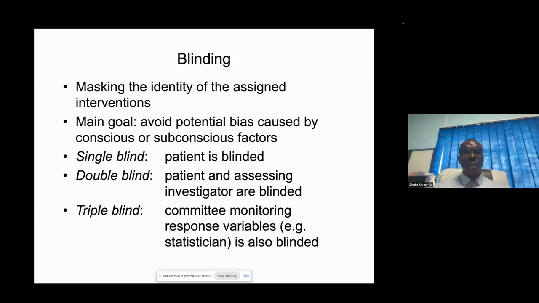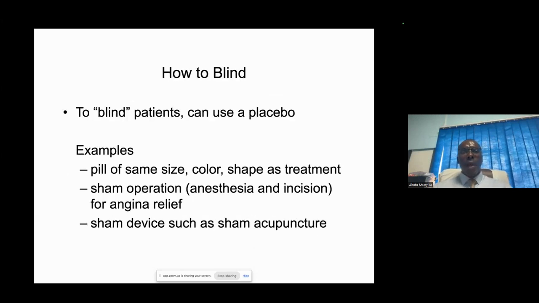The investigator doesn't know, the patient doesn't know. That is called double blinding. Triple blinding: the committee monitoring the response or the variables, such as the statisticians, are also blinded, in addition to the patient and the investigator. How is blinding done? To blind patients, one can use a placebo.